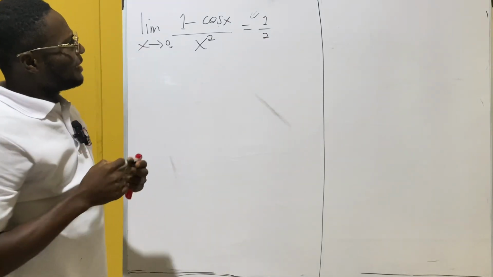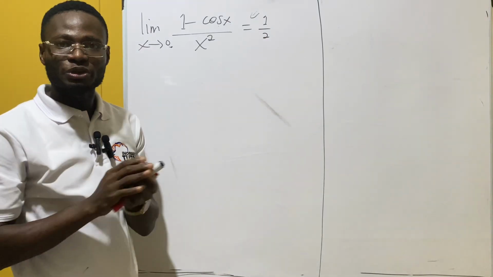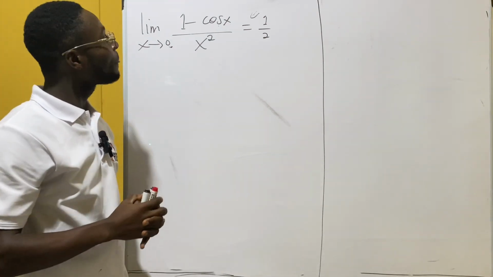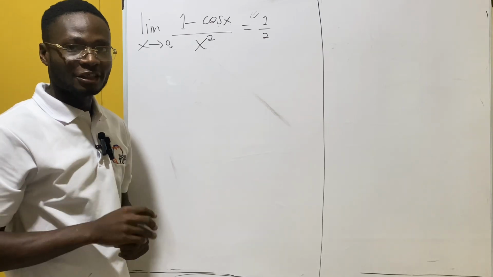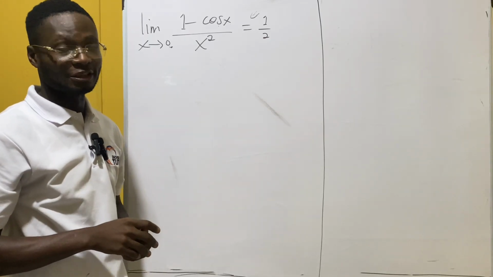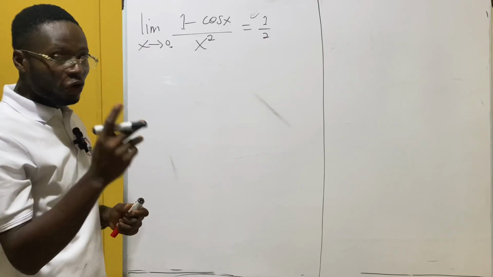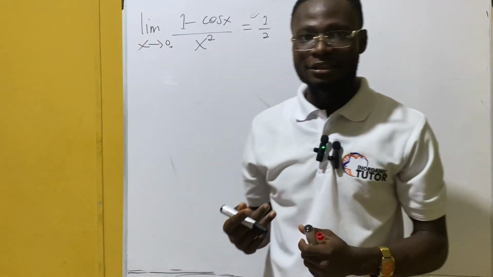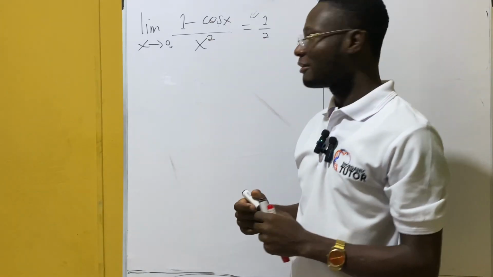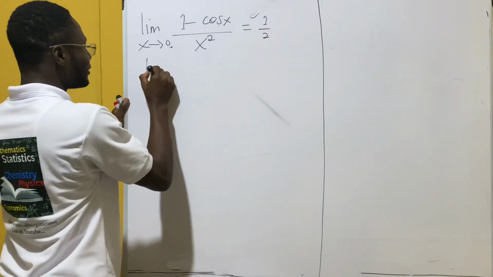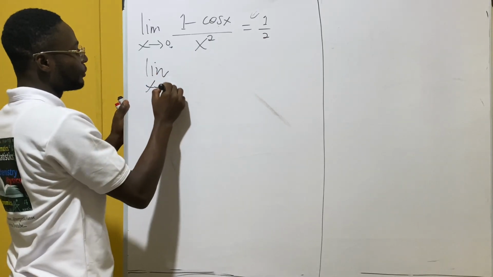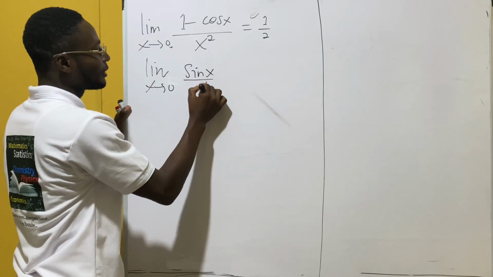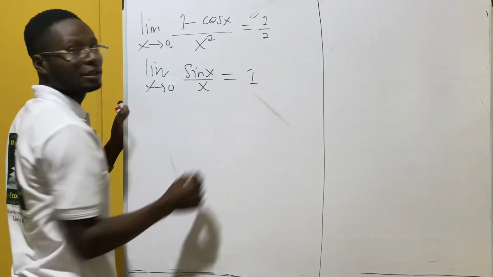Here you can either use L'Hopital's rule, which is going to make the work so simple, but I want to use the trig properties. We all know a well-known limit identity: the limit as x approaches 0 of sin x over x is equal to 1.